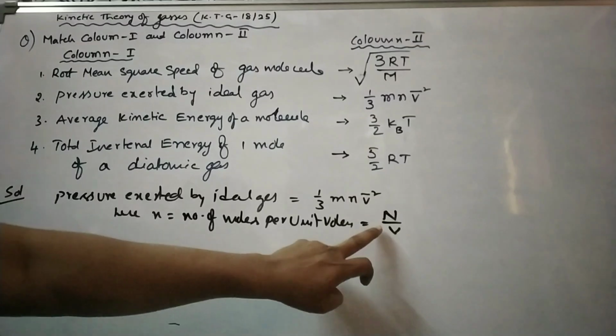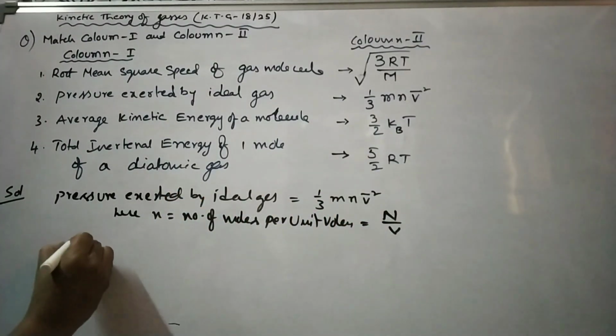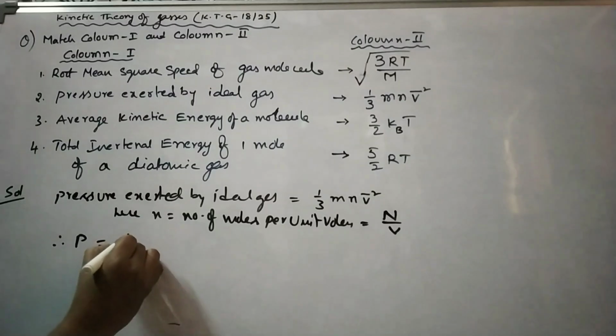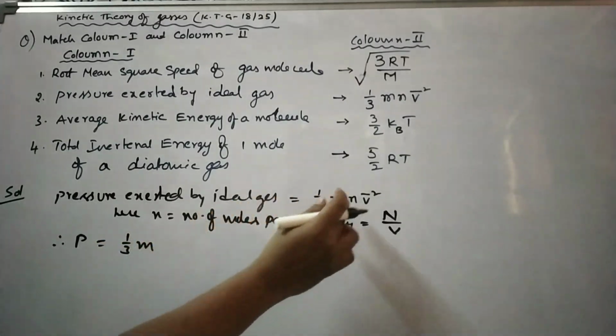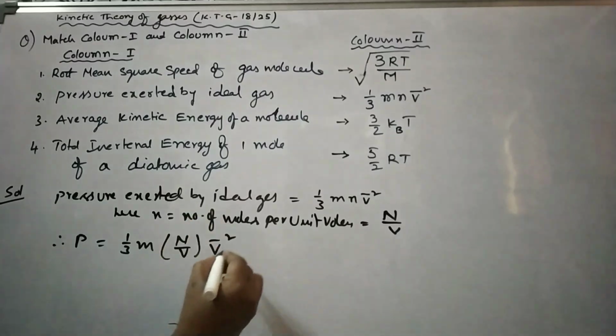So I would like to replace this n by N by V in the pressure equation. Therefore, pressure P is equal to 1/3 m into N by V into v bar square.